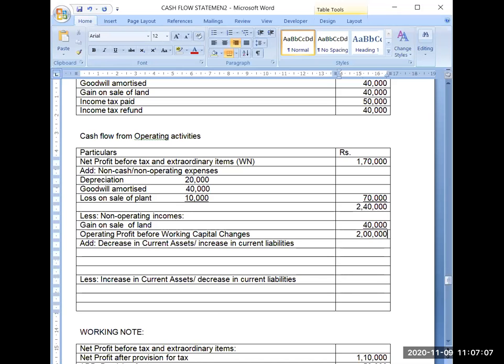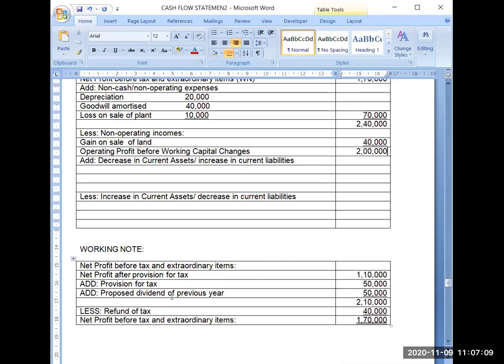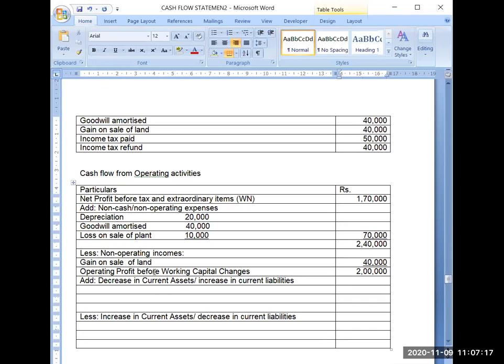First step was calculation of net profit before tax and extraordinary items that I have calculated. And now the second step was calculation of operating profit before working capital changes that also I have calculated. Now in the third step, I have to adjust current assets and current liabilities.